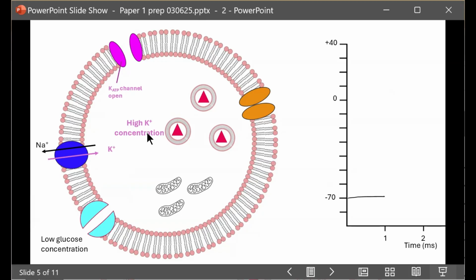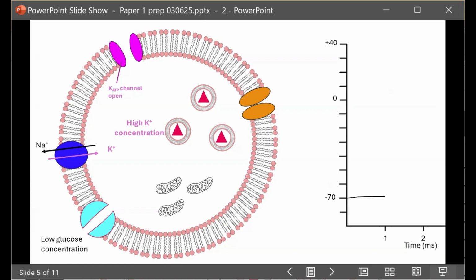Well, that makes sense. That's regardless of where we're talking about, whether it's the proximal convoluted tubule, the beta cells here, or the neurons, we're talking about cells having that resting state.